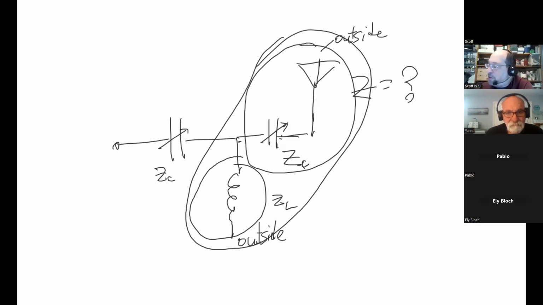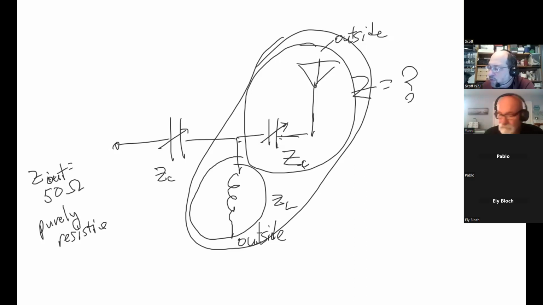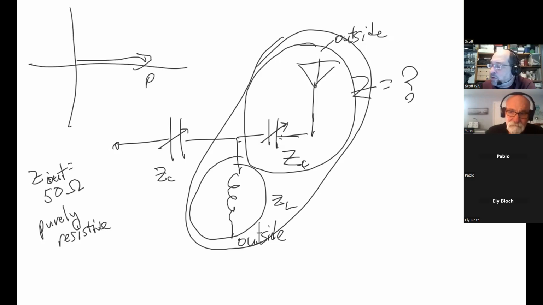The reason we do this is because our transmitter is designed and happy when it sees an impedance of 50 ohms, and typically we want this to be purely resistive. If we look at this on that graph, we would have our R, which is our resistance, and our inductance and capacitance going this way.